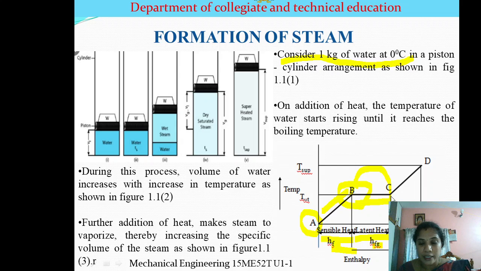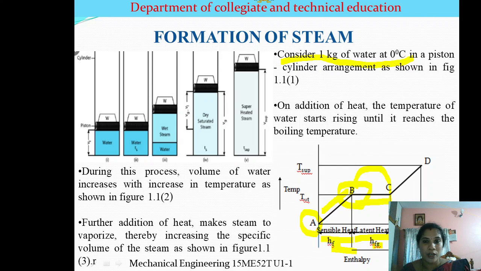If we further continue the heating process, there will be a rise of temperature beyond the saturation temperature, which is called the superheated temperature. The amount of heat required is called superheat. Did you get the point?